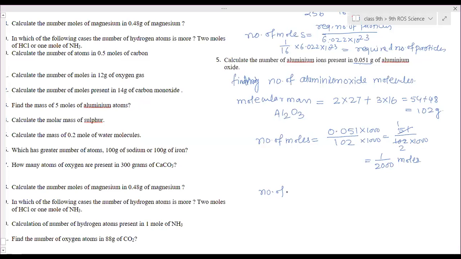Now number of moles is equal to required number of molecules divided by 6.022 into 10 to power 23 molecules. So number of molecules is 1 by 2000 into 6.022 into 10 to power 23 is the required number of molecules.